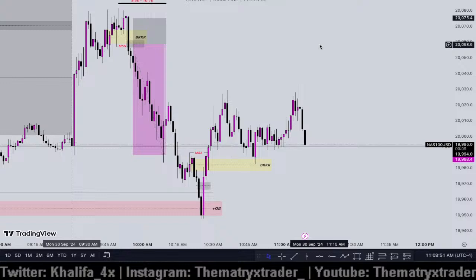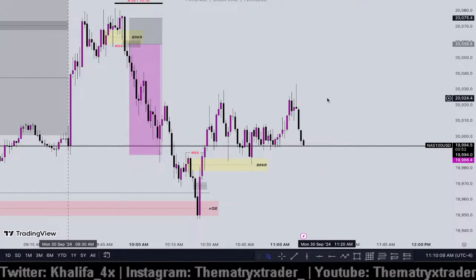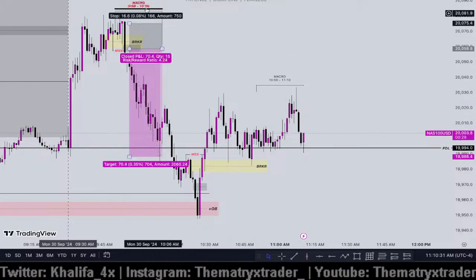You should not, not right now, since it has already made the move, and also our macros have ended here. This is the price lag for this macro, and this is the price lag for this macro.